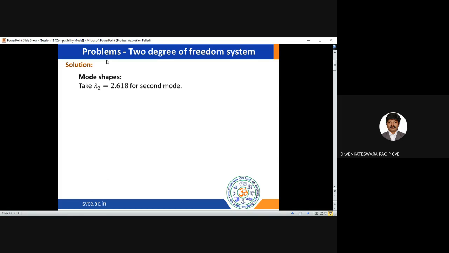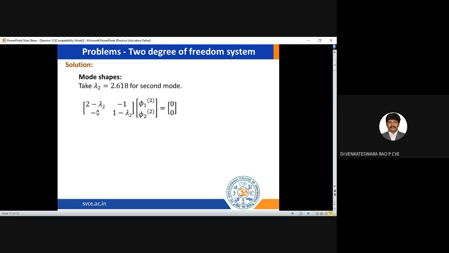And before that, let me complete the second mode for lambda 2, 2.618. What I'm using is the second natural frequency, but once again, instead of using omega n square, I'm using lambda 2 itself because it is easy for calculation.